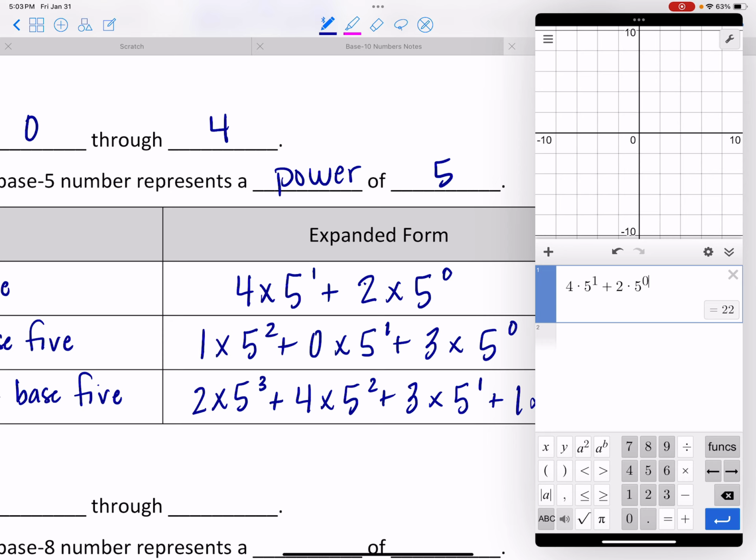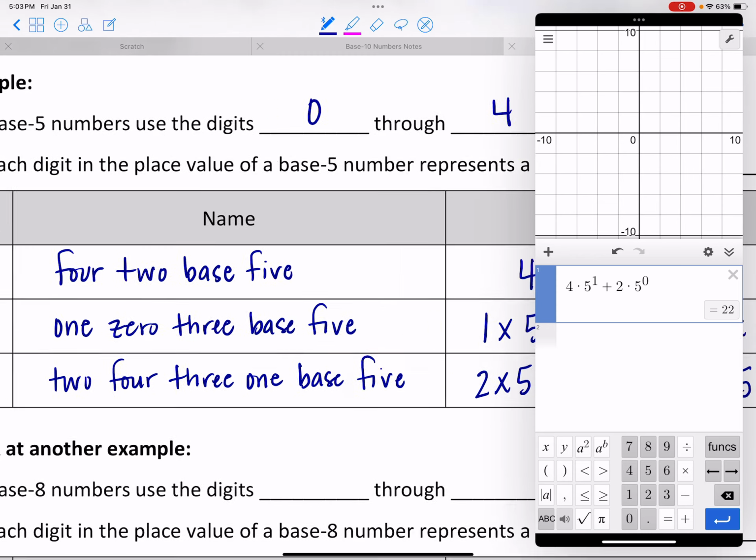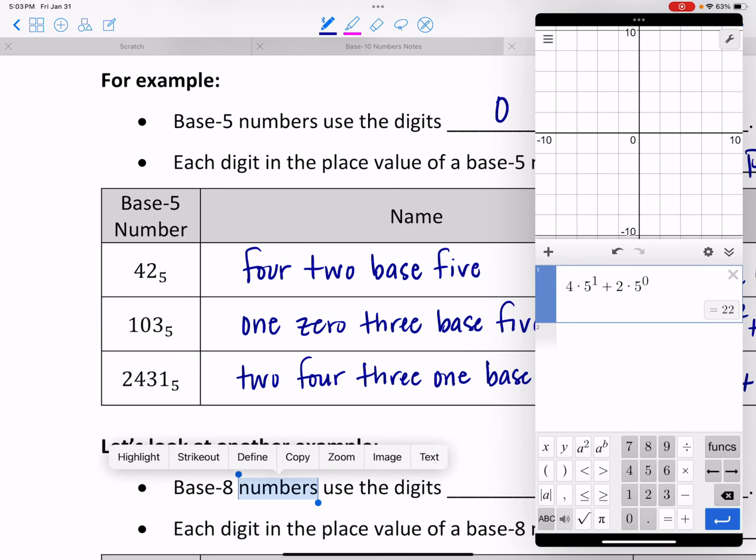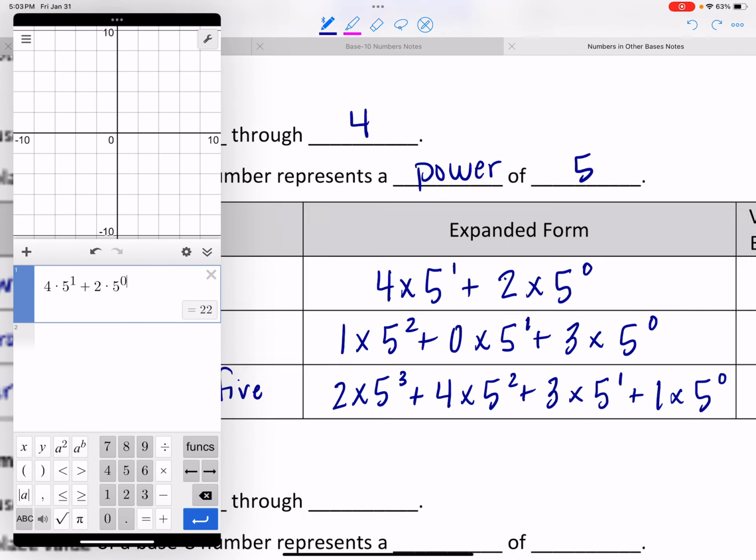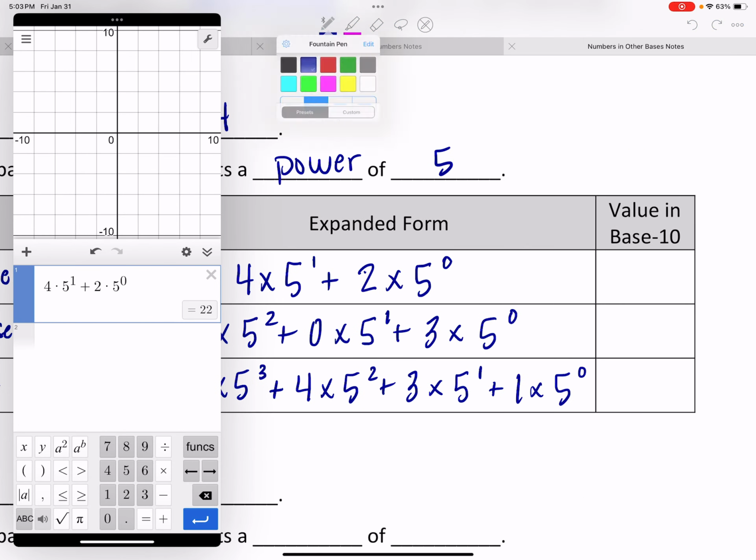That's the base 10 value of that number. So the number that we think of as 22 is actually 4-2 in a base 5 system. So 4-2 base 5 and 22 in our base 10 system have the same value, which is kind of weird, I know, but this is how it works.